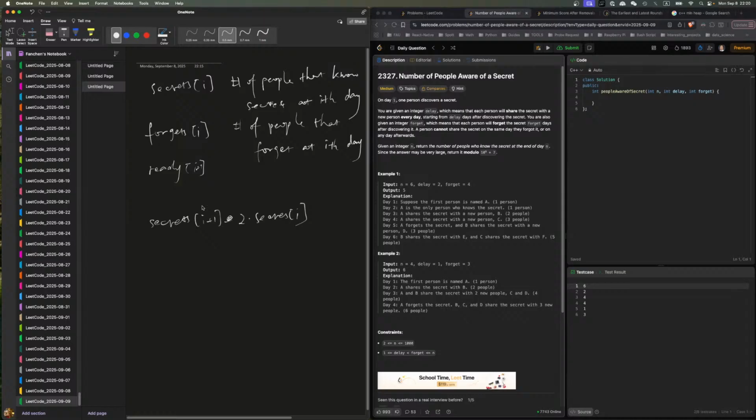So those will move to the future. And then for the current day, we have the number of people who can share, so that will be the additional, right? So let's say we have 3 arrays, okay? We have secrets, we have forget, so we have ready.